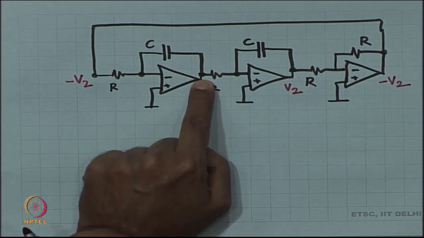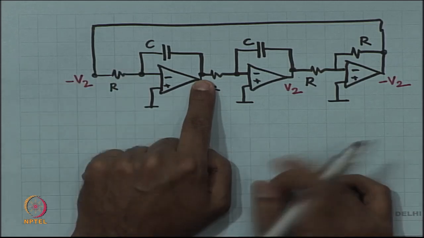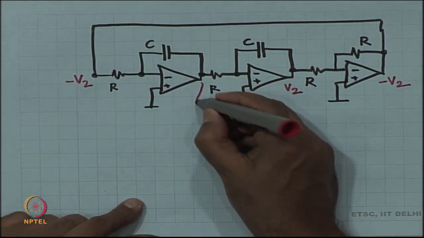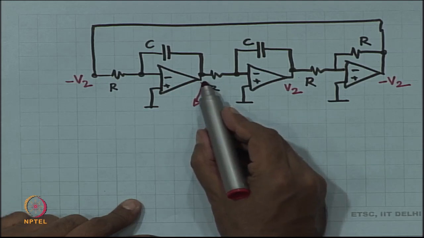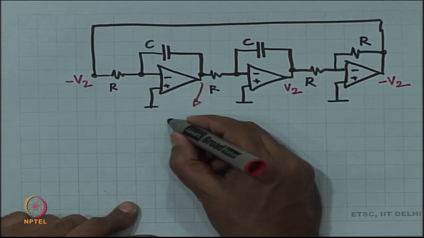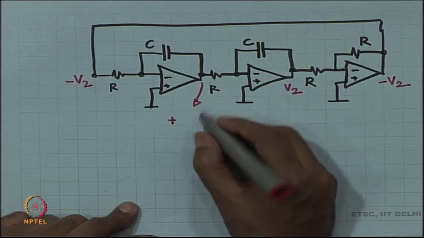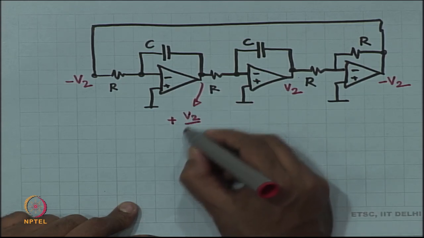the voltage at the output of the first integrator is going to be minus 1 by SCR times minus V2. So, this is going to be minus 1 by SCR, which is the integrator, times V2. So, it is going to be plus V2 by SCR.